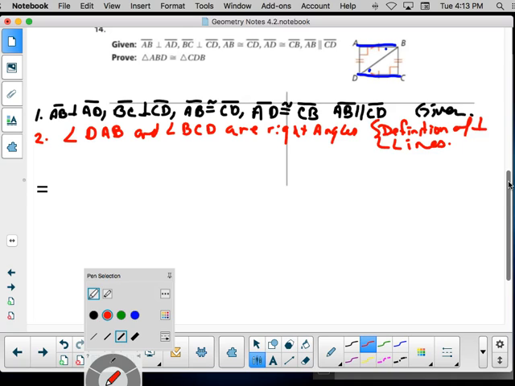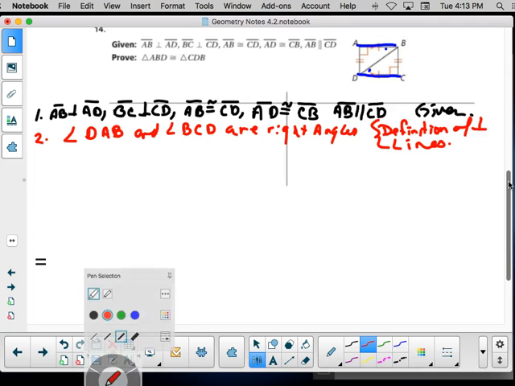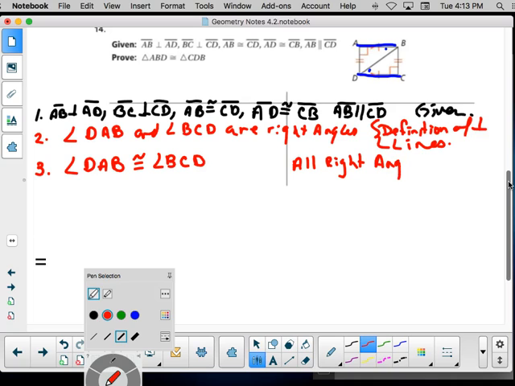Okay, so that's what that means. Definition of perpendicular lines. That's my step 2. Okay, I have to talk about those two angles being right angles before I can say angle DAB is congruent to angle BCD. All right angles are congruent. Now, that's an actual theorem that was in chapter 2.